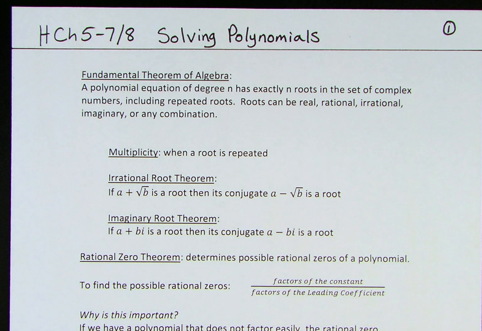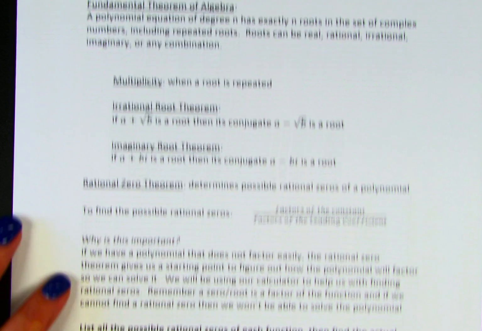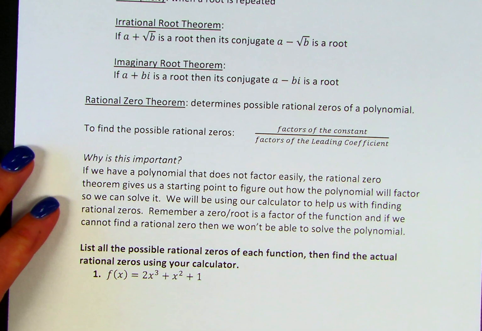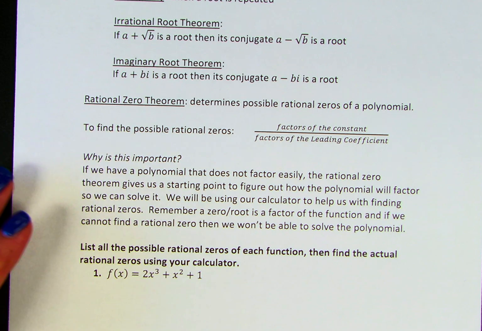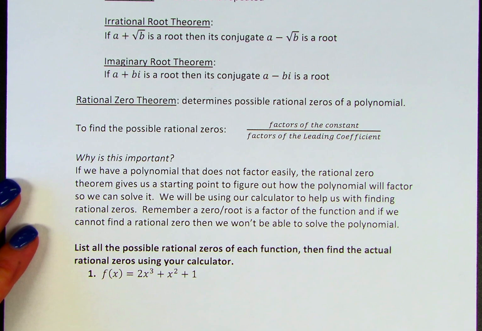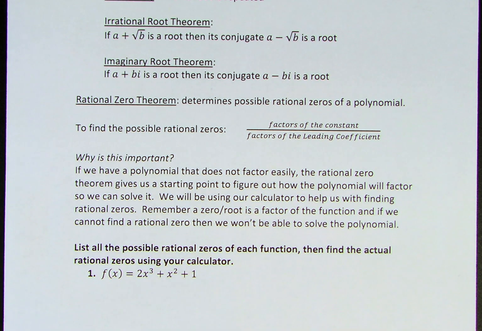So now we need to be able to come up with that number. Now again, why is this important? It's important because if something can't factor easily following our patterns, being able to find that zero and then do the division part of it allows us to factor it when it doesn't fit into that nice pattern.